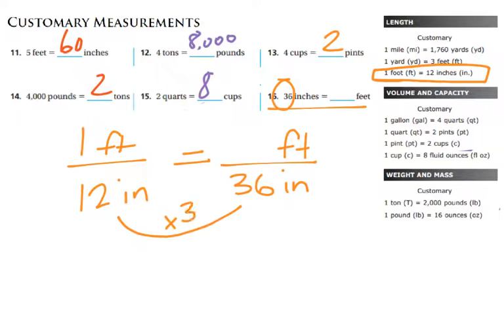I need to multiply by 3. So I would do the same thing to my feet. I'd multiply my feet by 3, which would give me 3 feet. Okay, go ahead and get that down.